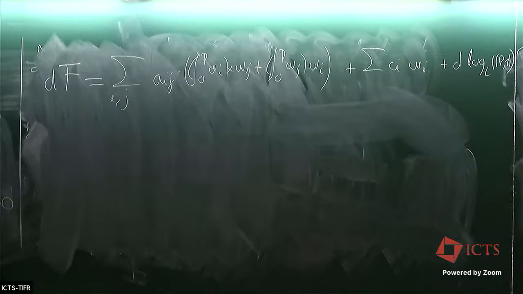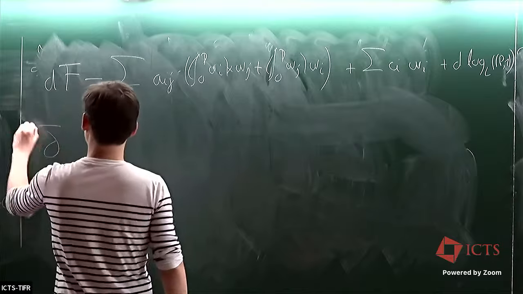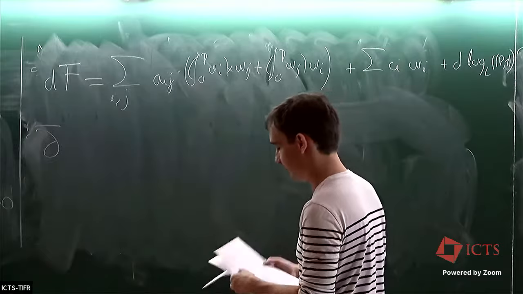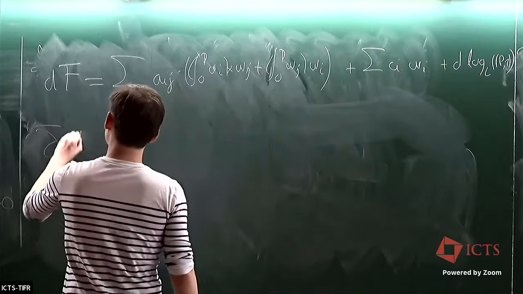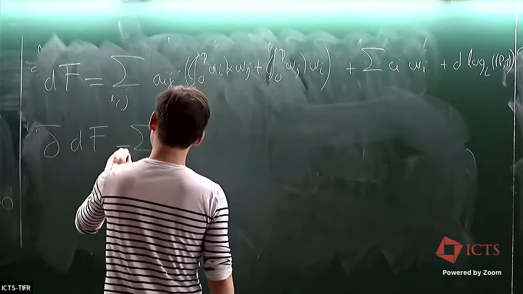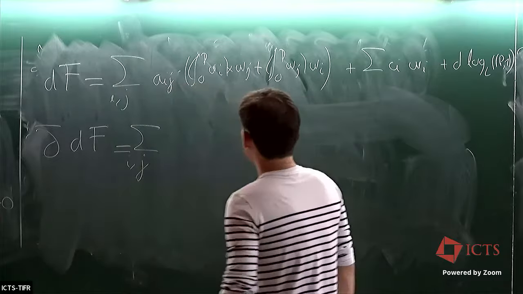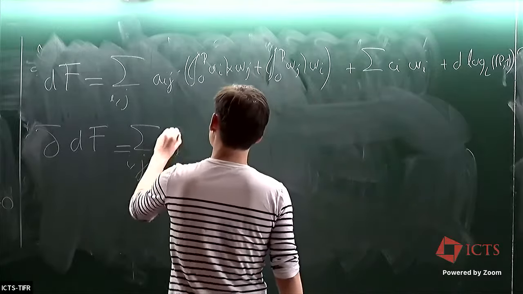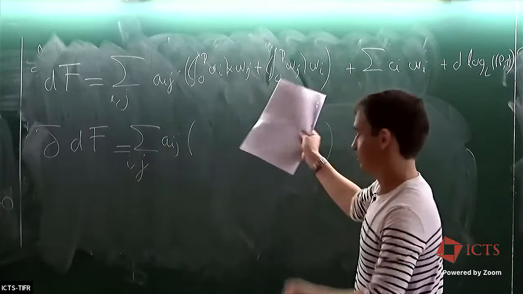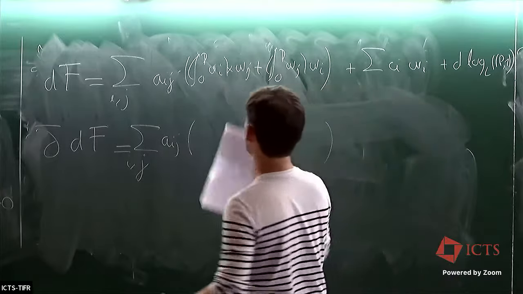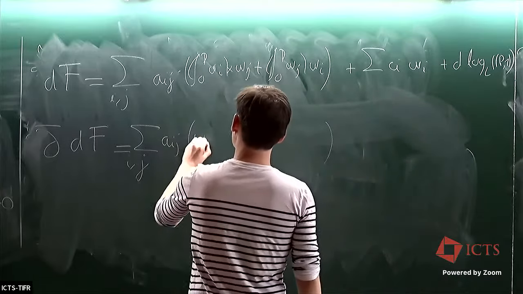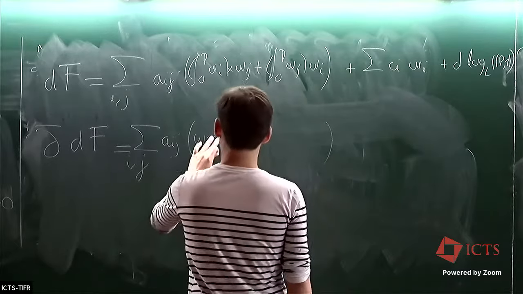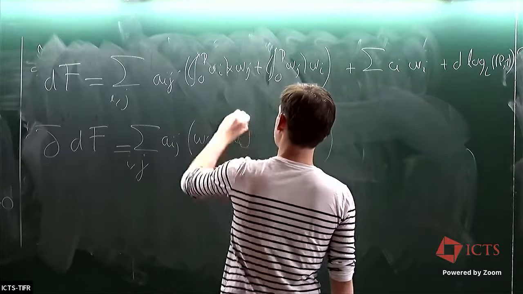We'll just apply one more operator, which is delta bar. That's what gives us our information. Delta bar dF now is the sum over ij. If you remember how delta bar was defined, this is actually ai, and what it does here is gives you omega j tensor omega i.